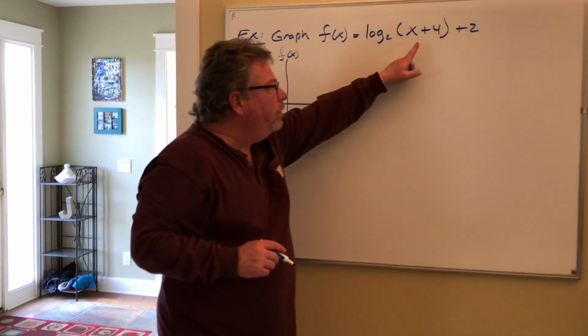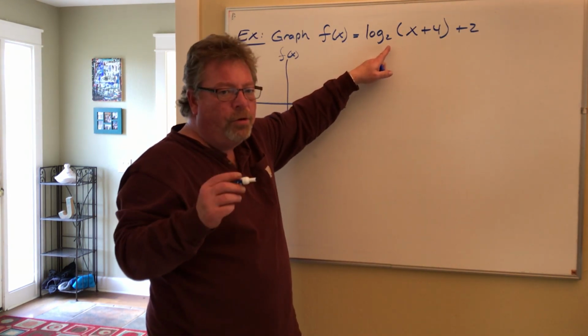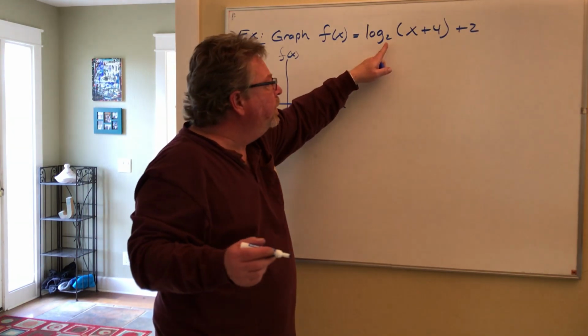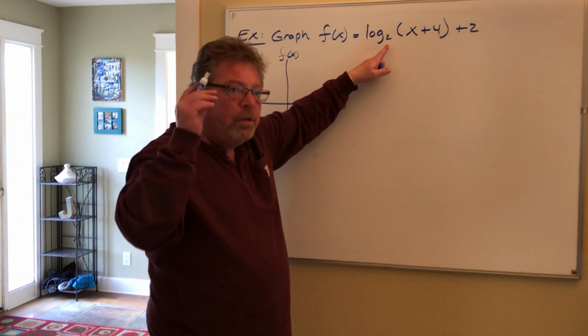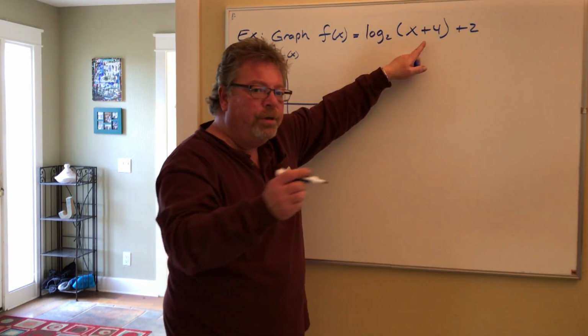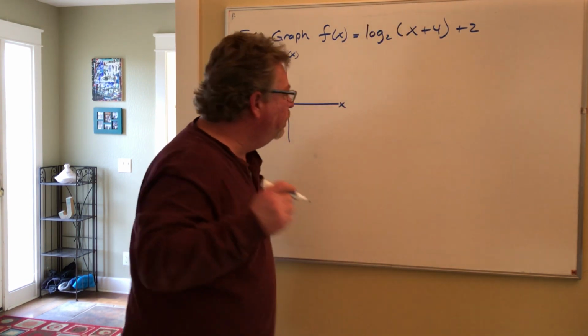And this, I'm going to see as a modification of the log base 2 graph. And I think we saw that some lectures back. But this is going to take the basic log base 2 graph and shift it 4 units to the left and up 2 units.